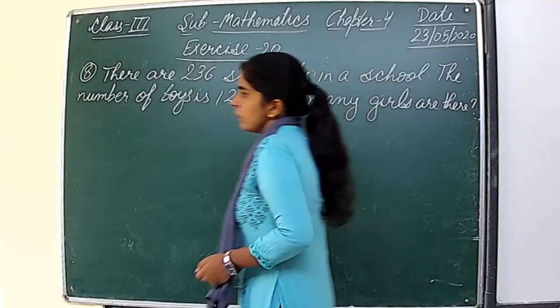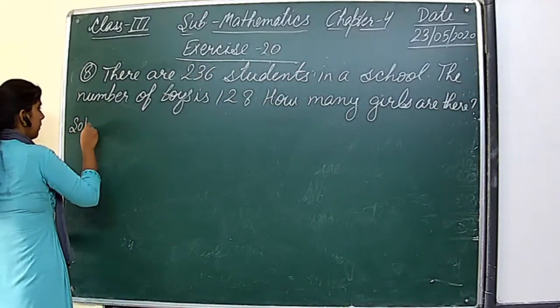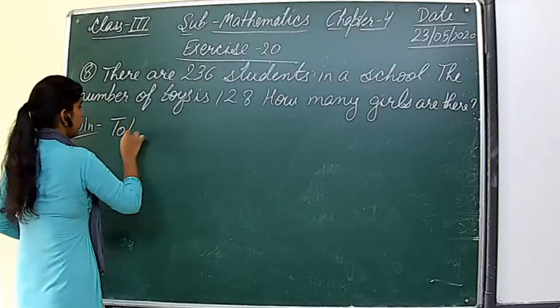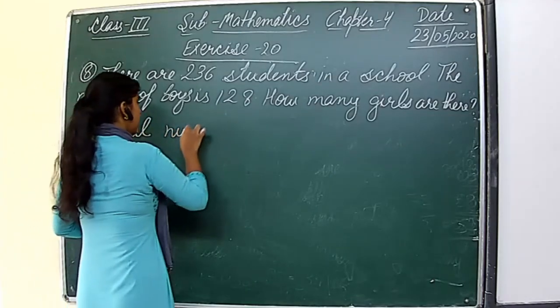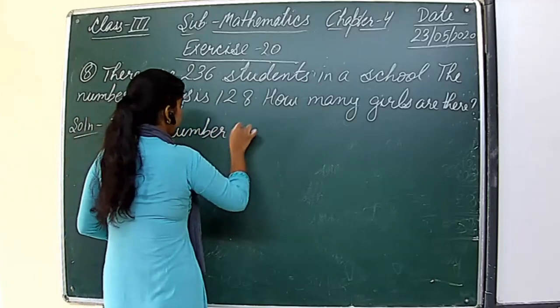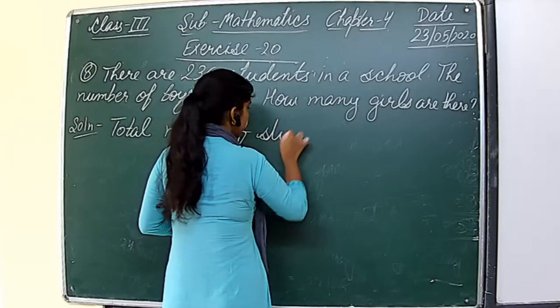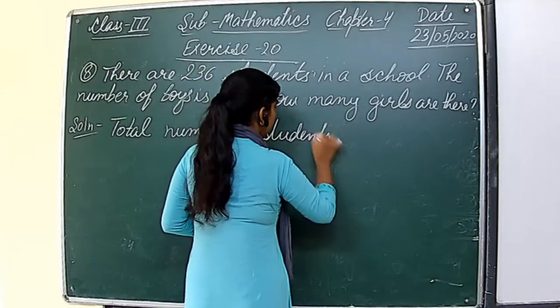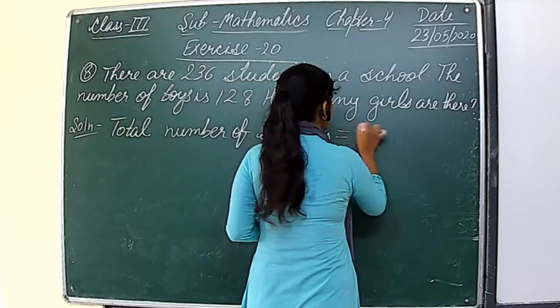Okay. So what is the total number of students? Total number of students is equal to 236.